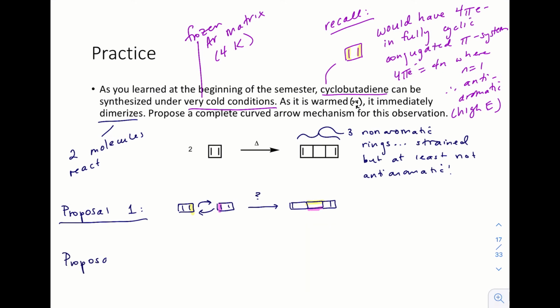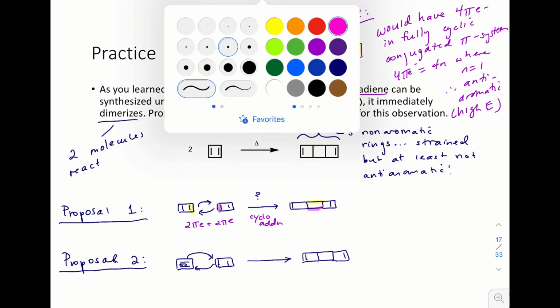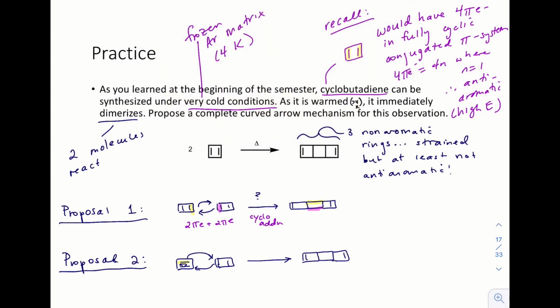There is a second proposal that I commonly encounter, and it also leads to the observed product. Whereas in the first proposal, there were two pi electrons plus two pi electrons in what is a proposed cycloaddition, in the second proposal, there are four pi electrons in this one molecule of cyclobutadiene. The first two electrons make that bond. These electrons react over here to make this bond.